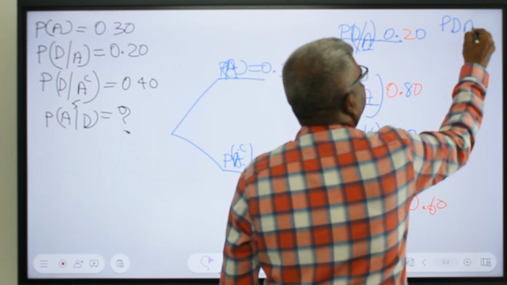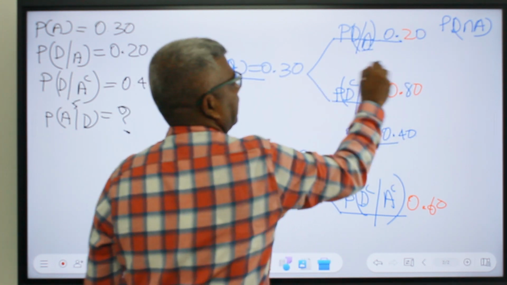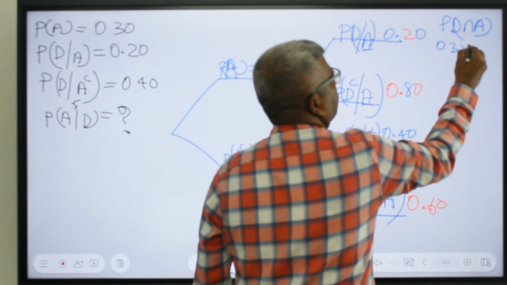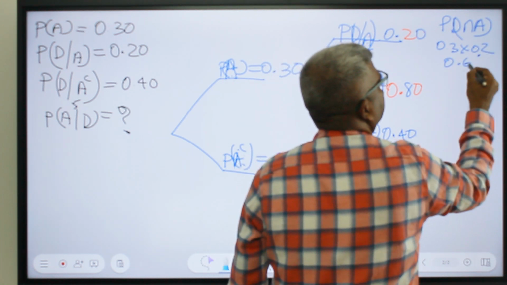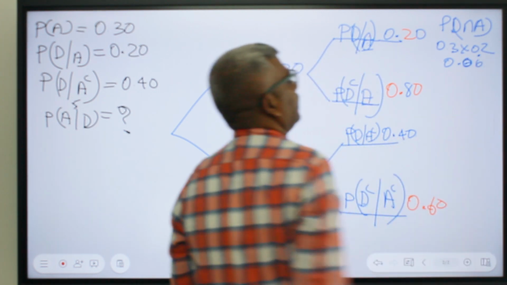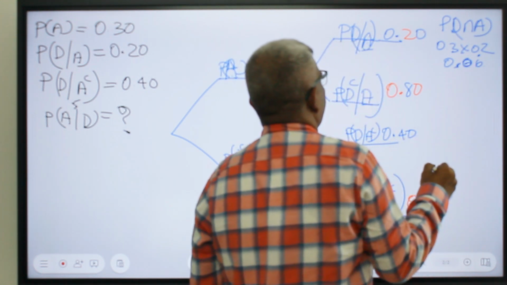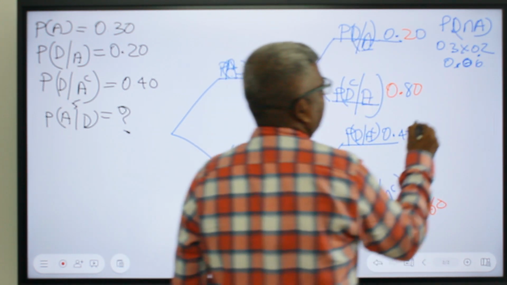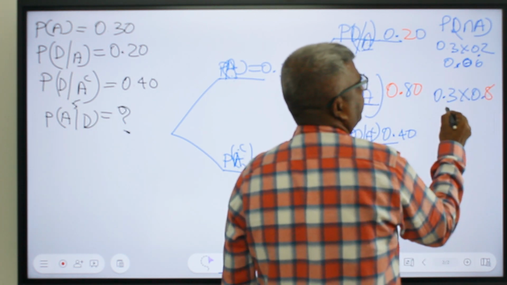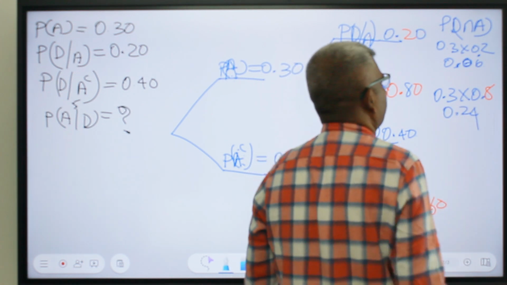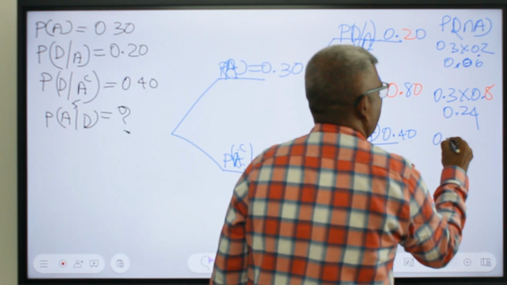Now what is this one? Probability of D intersection A. If you multiply 0.3 times 0.2, 0.06. Okay? 3 times 2 is 6, 2 decimals, so 0.06. 0.3 times 0.8 is 0.24. 0.7 times 0.4 is 0.28.